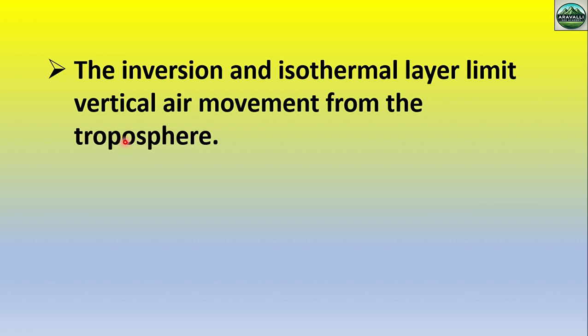So this dense tropospheric layer cannot move upward, because the stratosphere is warm. The inversion and isothermal layer limit the vertical air movement from the troposphere, because the troposphere layer is more dense as compared to the stratosphere, and a dense layer cannot move upward. So this inversion prevents vertical air movement from the troposphere into the stratosphere.